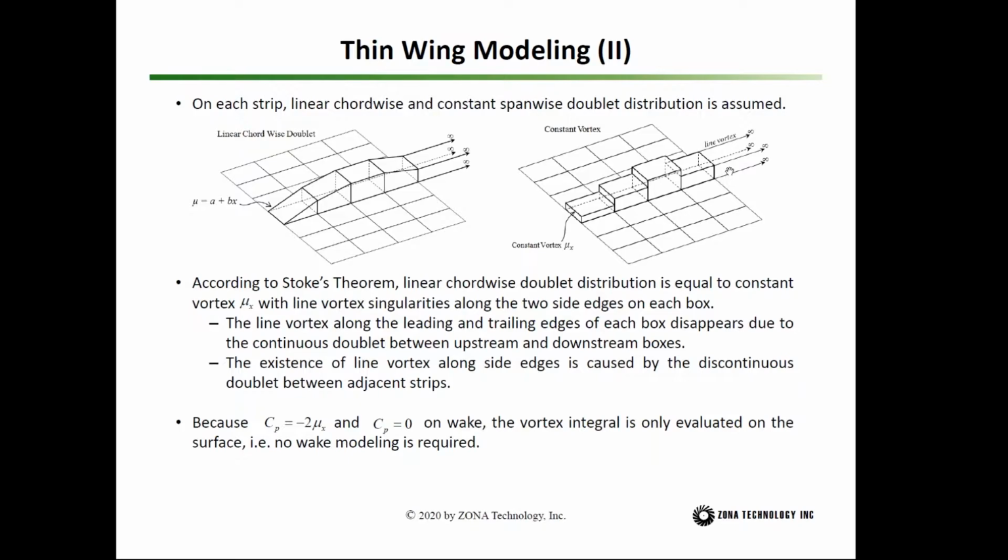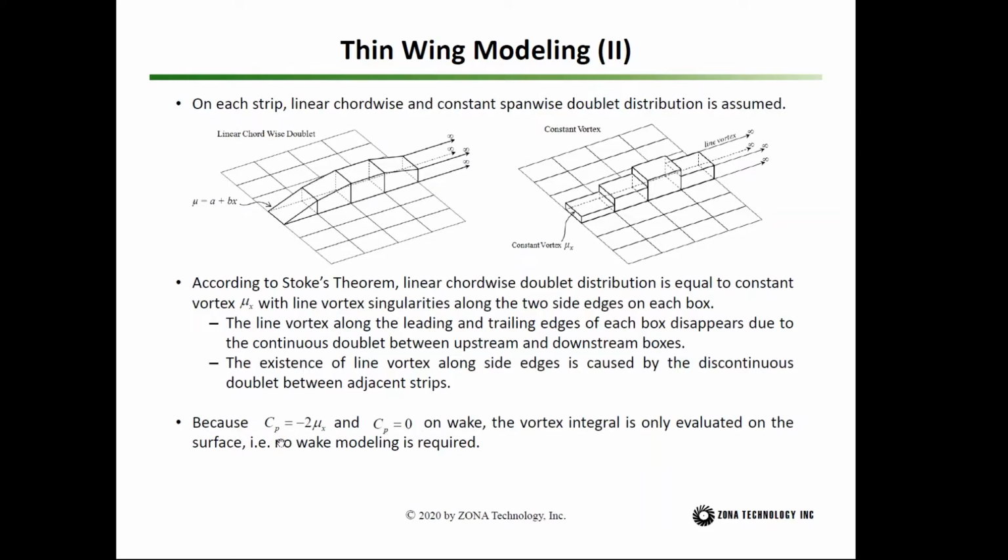And so there are two line vortices generated from each strip. Also on a wake surface, because the vortex strength is mu x, the delta Cp between the upper and lower surface of the wake equals -2 times mu x, and the delta Cp on the wake is 0 because the wake cannot sustain force, so the vortex integral is only evaluated on the surface.